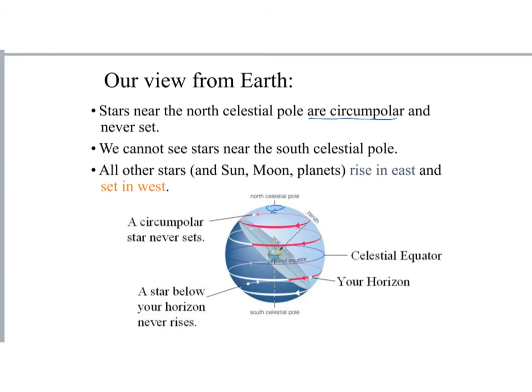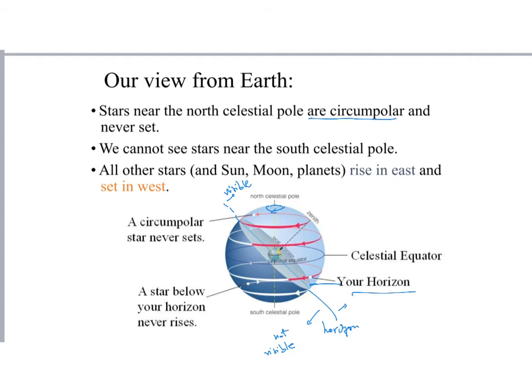Say this is your horizon, that plane. That's where you're basically sitting. So you see everything above, so it's visible, and below it's not visible. You just can't see under the horizon.